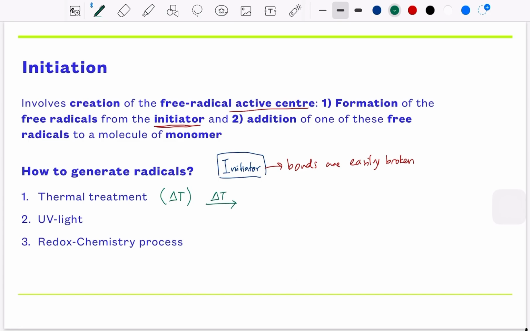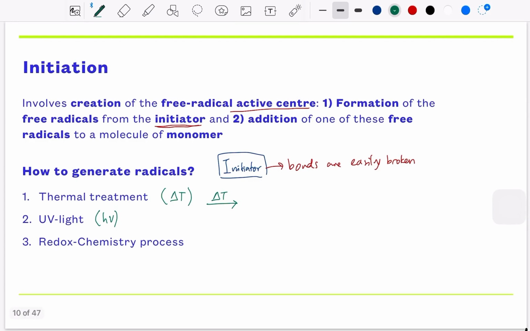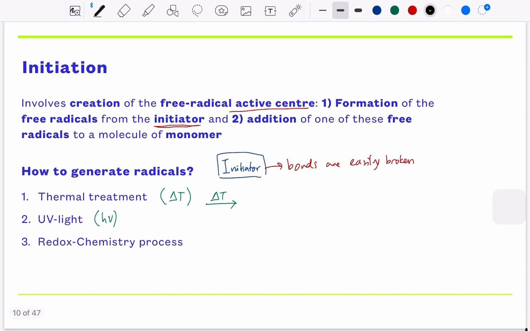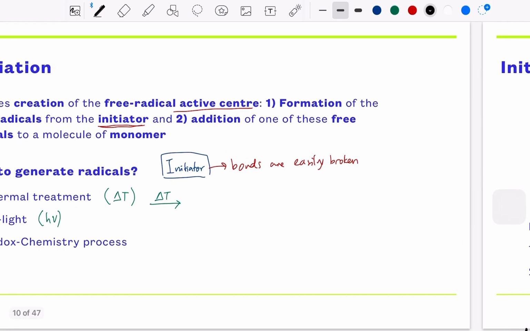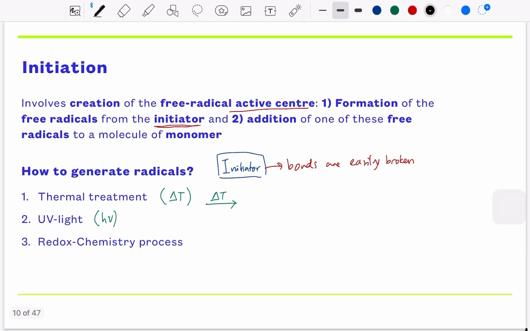It means that perhaps this is an initiator that uses thermal treatment. For UV light, maybe they give you the hν, Planck's constant and the frequency. And for redox chemistry, you will see the reduction and oxidation in the chemistry.